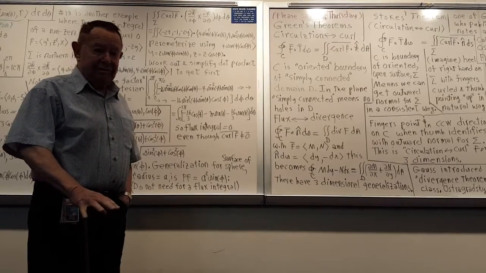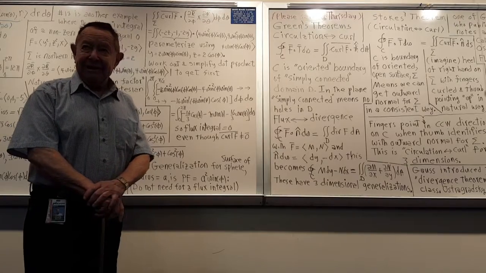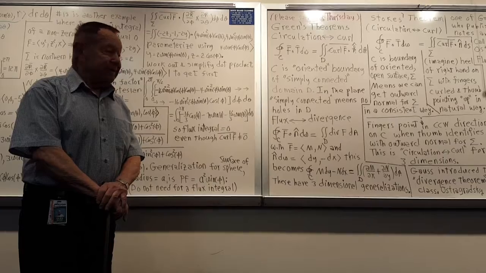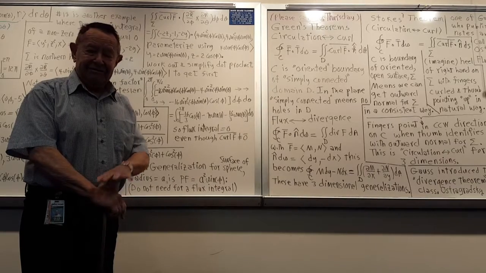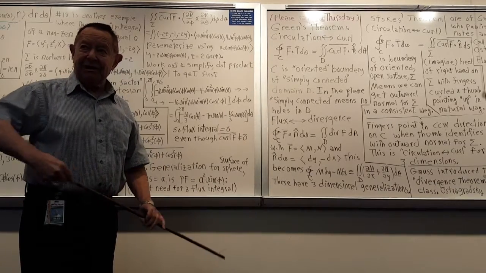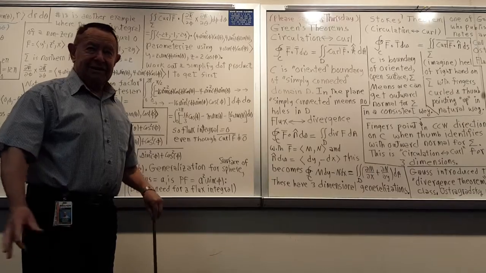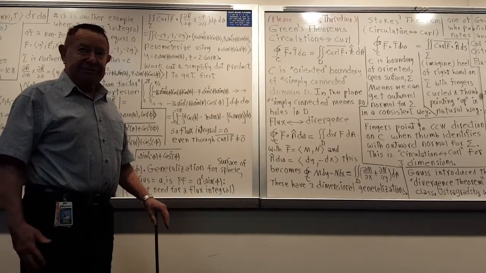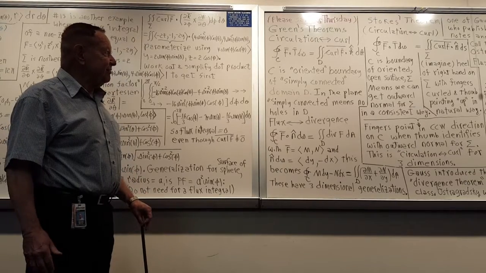dotted with the normal to the area that the curve encloses, which typically is k if you're thinking of these as curves in the xy plane, which is how Green thought of it and how the book thinks of it in section 16.4.